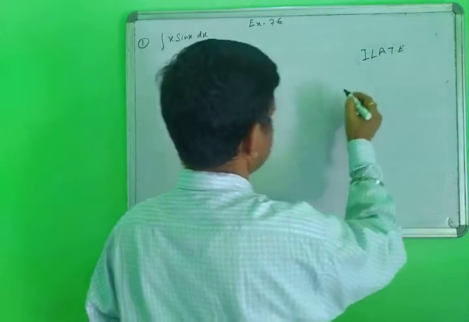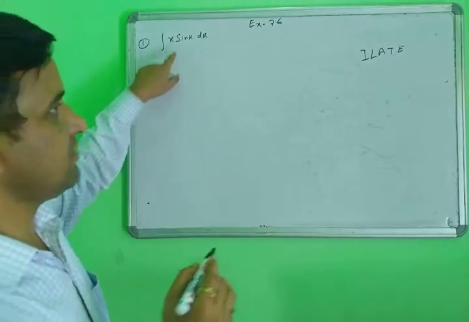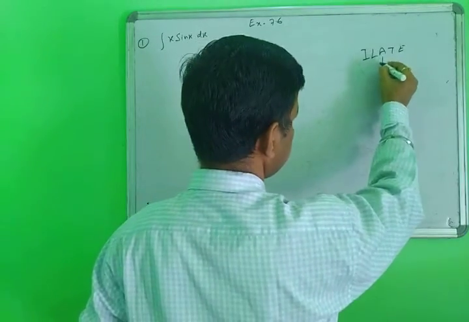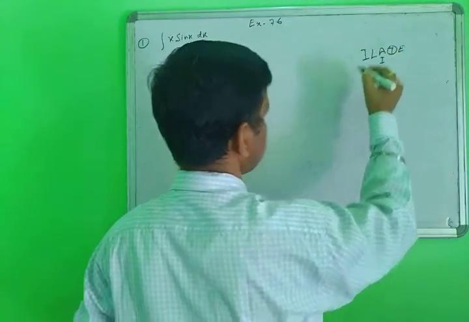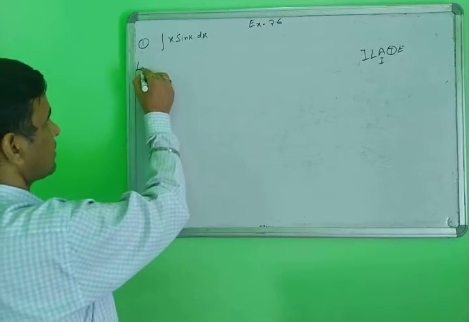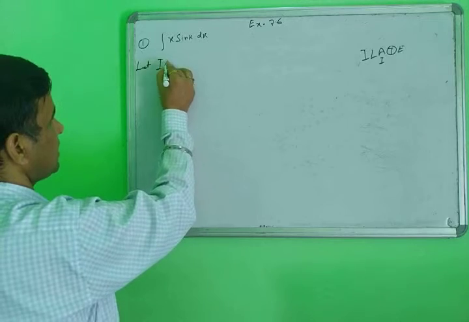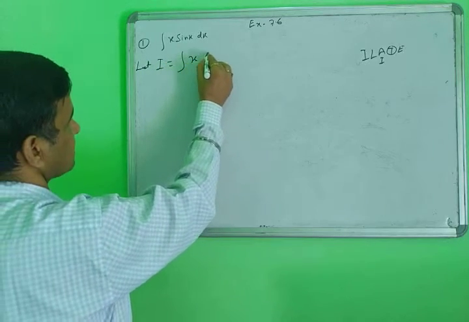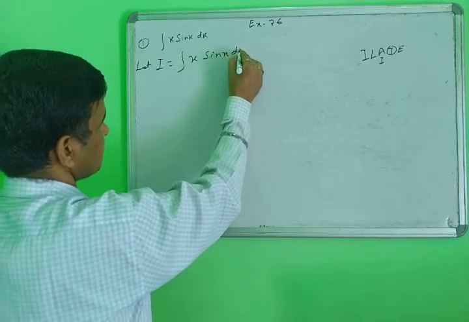LATE. Here A means algebraic function, which is first, and T means trigonometric function, which is second. So the integral I equals the integral of x sin x dx.